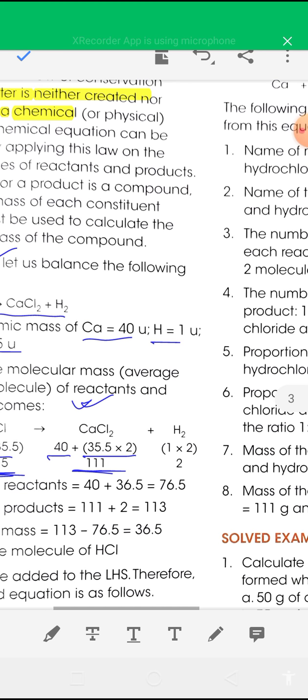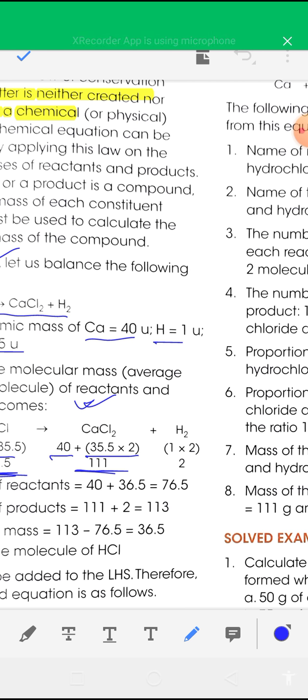The molecular mass of H2 is 2 times 1, that is 2.